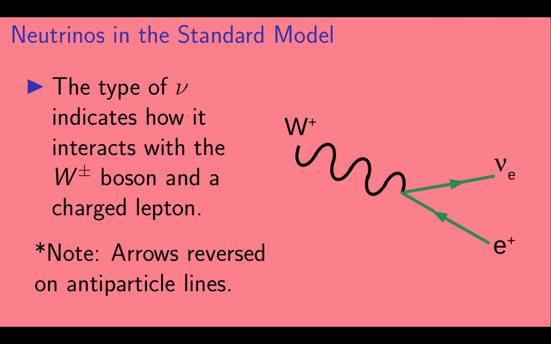The type of neutrino indicates how it interacts with the W and a charged lepton. The electron neutrino interacts with an electron or positron, where a positron is the antiparticle of the electron. The muon neutrino interacts with a muon or antimuon, and the tau neutrino with a tau or anti-tau.